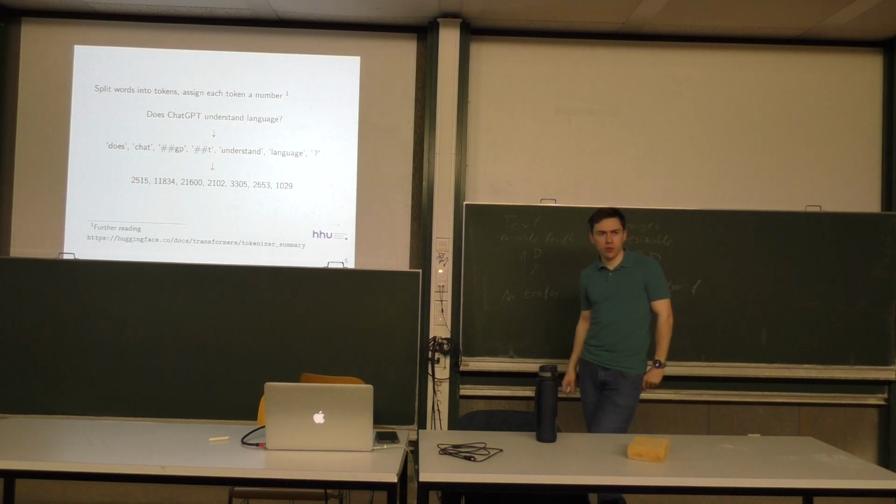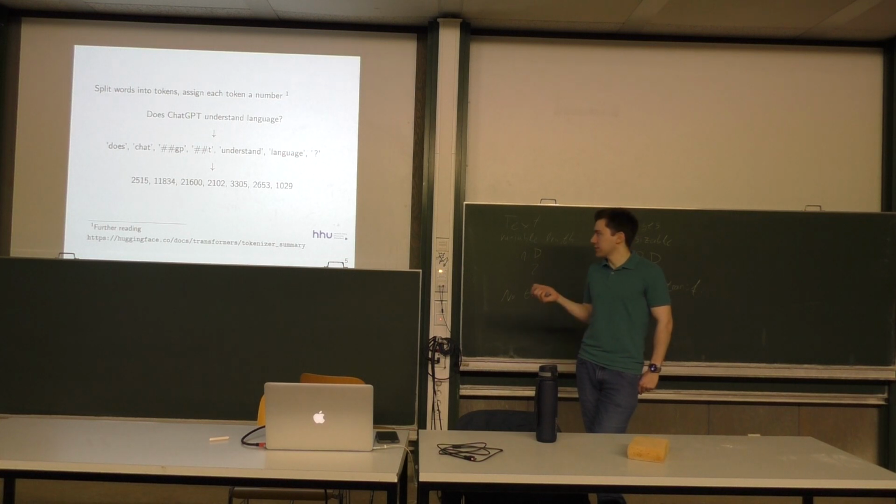The WordPiece tokenizer has around 30,000 tokens, I think. So each text gets turned into a sequence of numbers from 0 to 30,000, roughly.